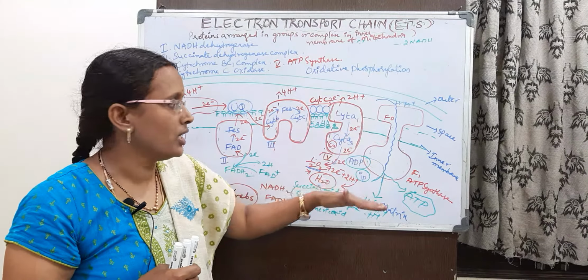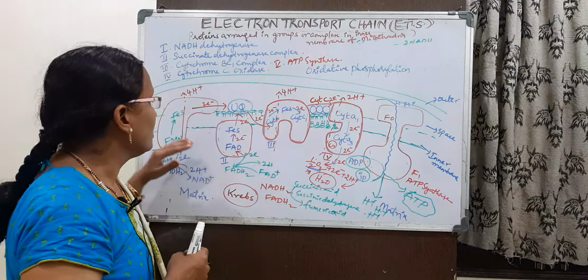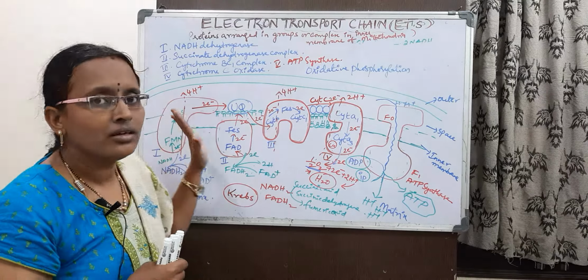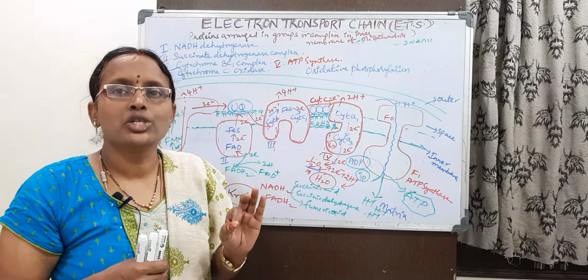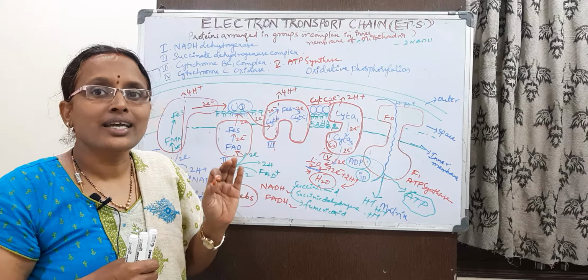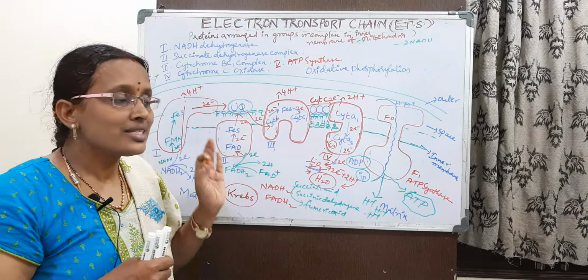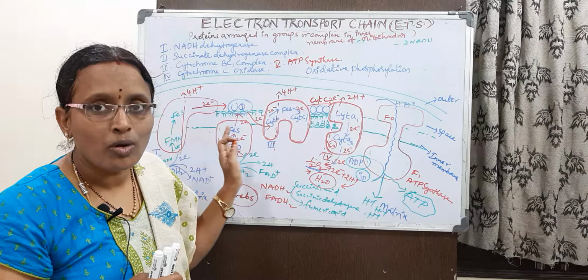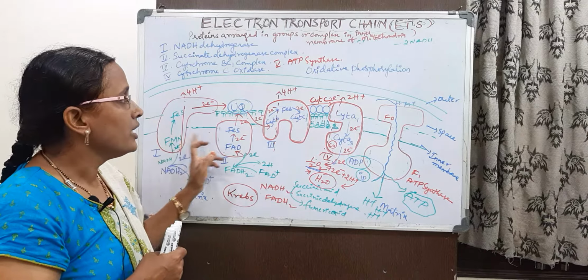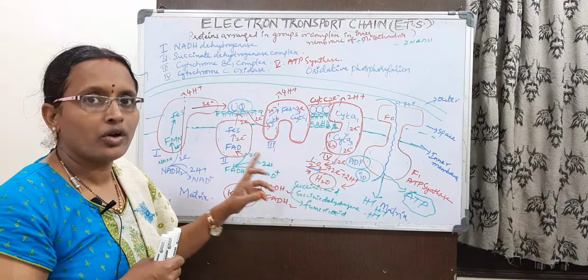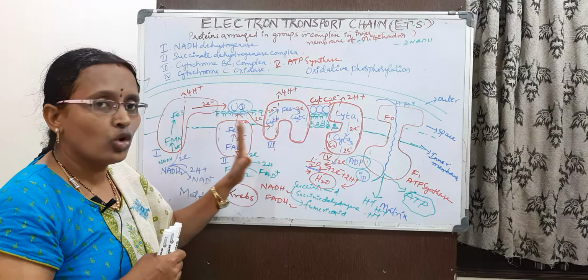In the electron transport chain, when NADH2 and FADH2 are oxidized, their electrons are carried by special protein complexes present in the inner membrane of the mitochondria. There are four complexes.